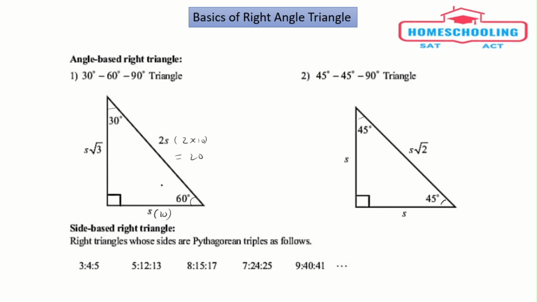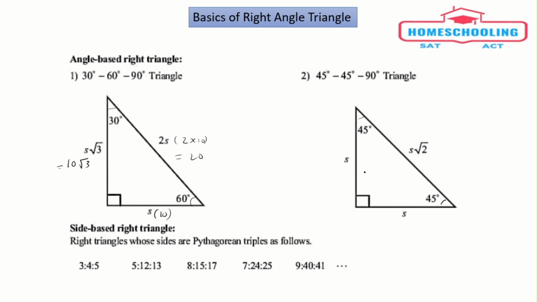Similarly, the side opposite to 60 degree would be s root 3, and s is 10, so the answer would be 10 root 3. So this is a way to solve questions in very less time. It will come very handy in your examination.